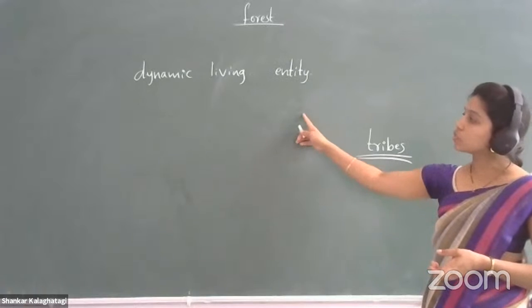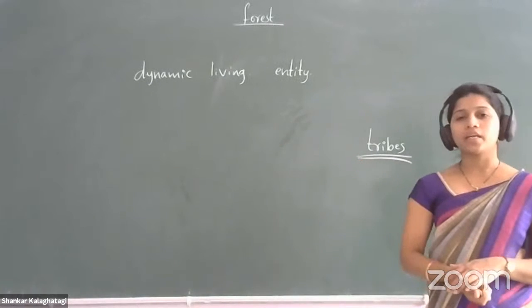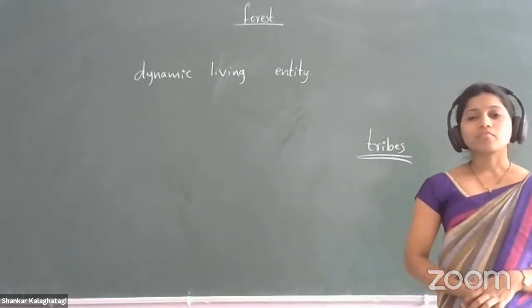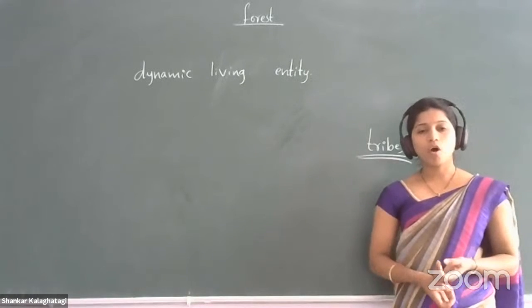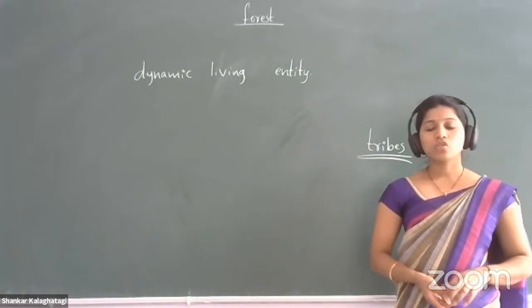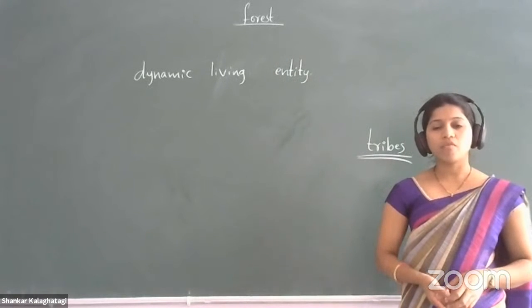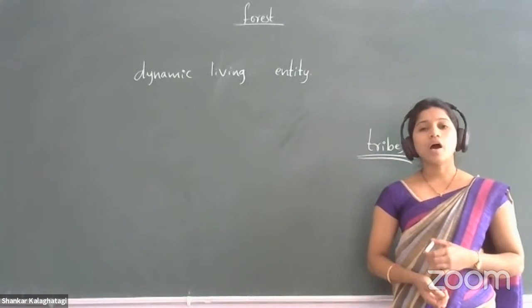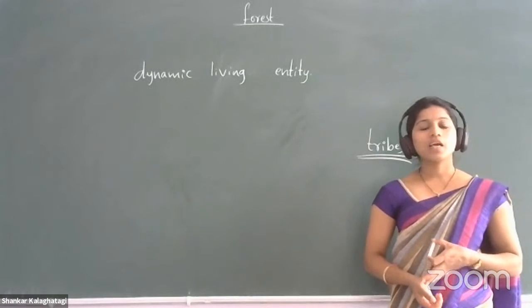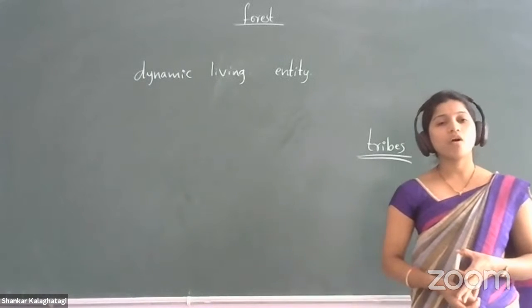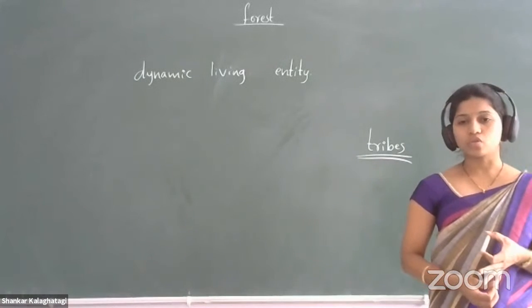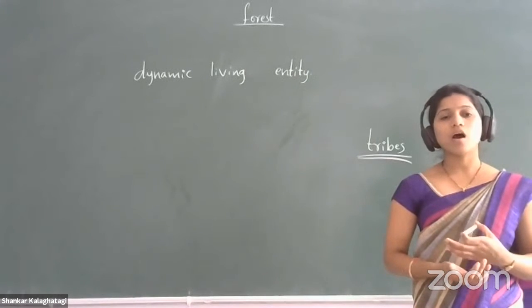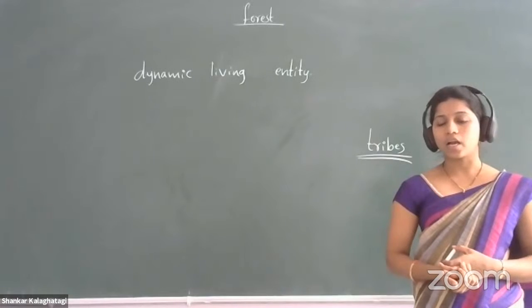Okay, the forest is called a dynamic living entity. Why is it called a dynamic living entity? There is a variety of plants in the forest. So the variety of plants provides food and shelter for herbivores. The large variety of herbivores increases the availability of food for carnivores.